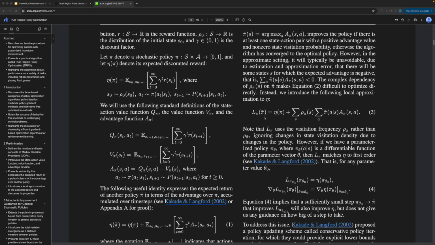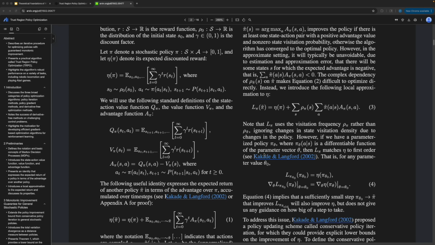What's interesting is that this new surrogate of your performance, L_π(π̃), is equal to your η(π) when π̃ is equal to π, where π is π_θ0.